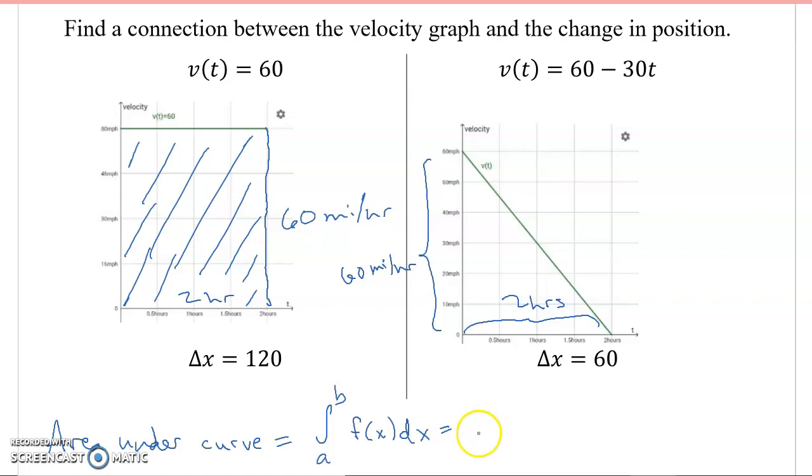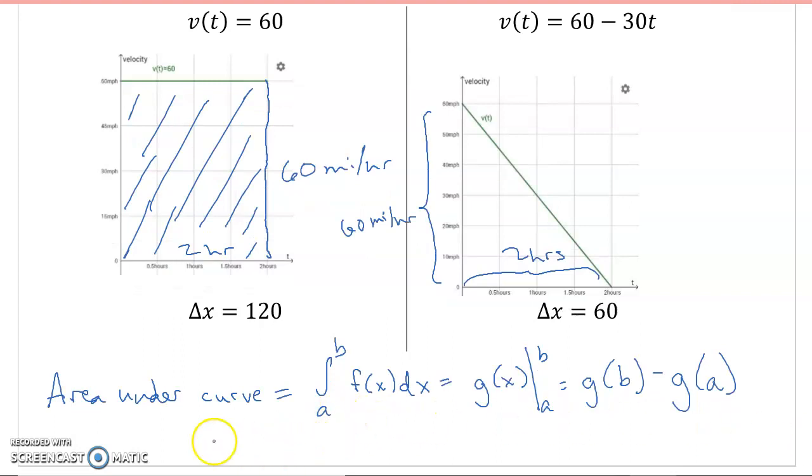Okay, so what that means is we're going to figure out what the antiderivative of f is. I'll call it g, evaluated at b and a, and then we subtract the two. So we're going to do g of b minus g of a, where g is the antiderivative of f, or where f is the derivative of g.